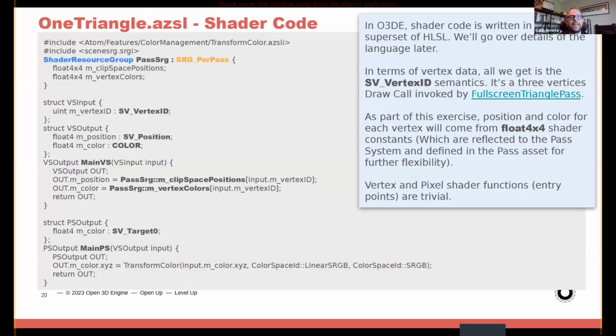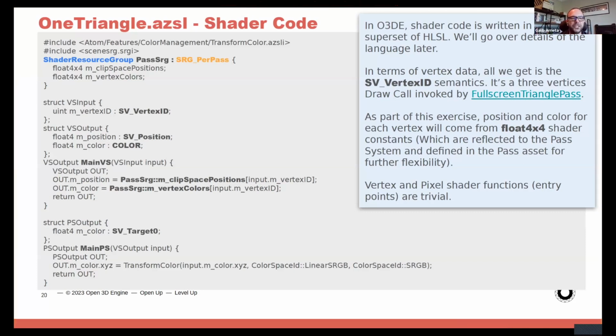So the first step is the shader code. And this is a compressed version, because if you go to the original file, you're going to see the links, and you're going to see a little bit more comments and so on. But suffice to say that you have a main vertex shader function, where basically it just gets the position, which is supposed to be in clip space coordinates, and the color of each vertex, which is coming from shader constants in this case.